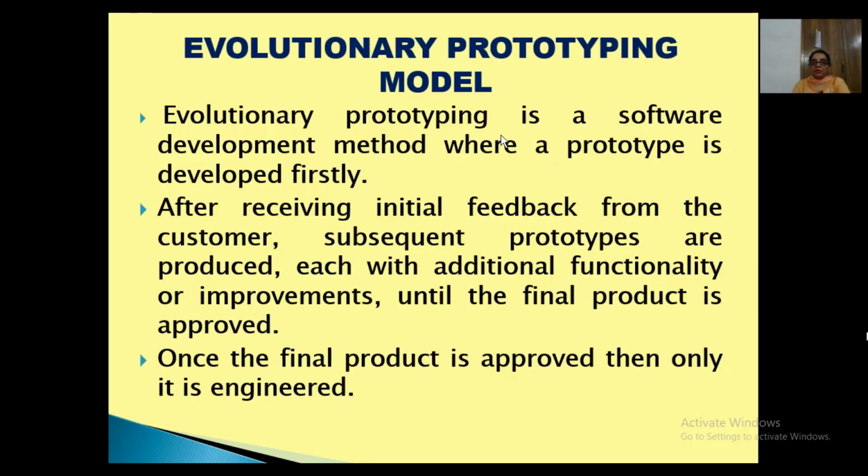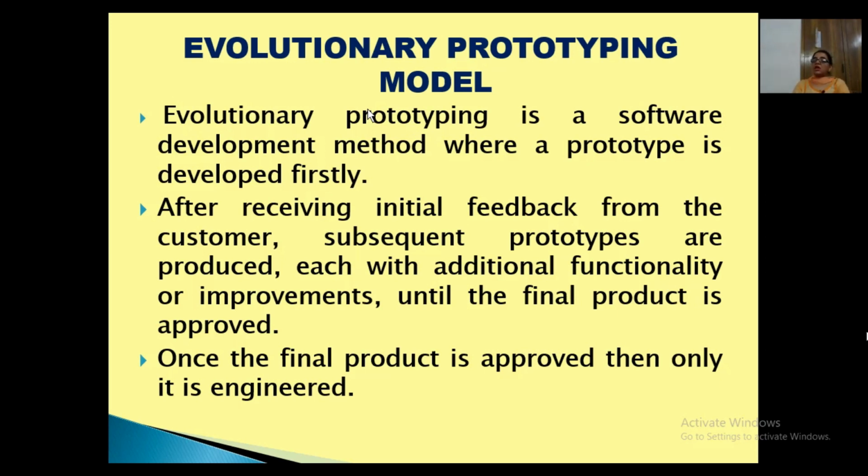Now, evolutionary prototyping is a software development method where a prototype is developed first. In this particular method, evolutionary means continually changing, continually developing, and gradual new development is introduced. Prototyping means every time a new prototype is generated.